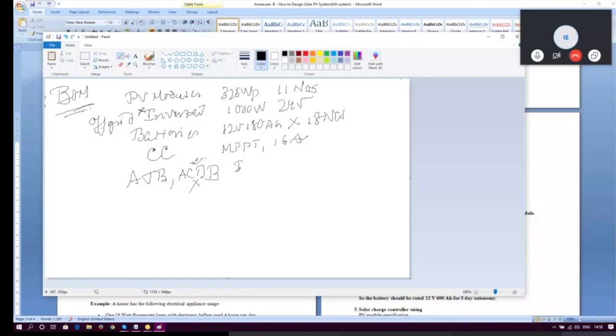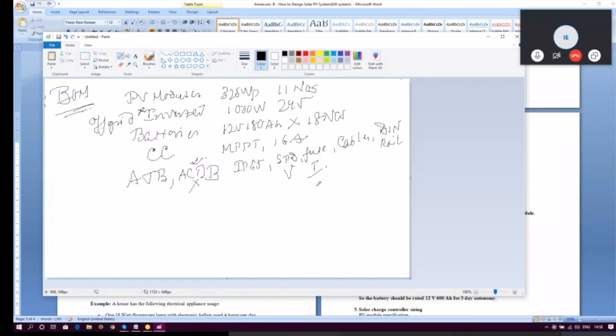It has an IP65 box, followed by SPD, DC SPD and fuse. Fuse for current protection, DC SPD for voltage protection, and cables for interconnection, and DIN rails just for mounting purpose, right?